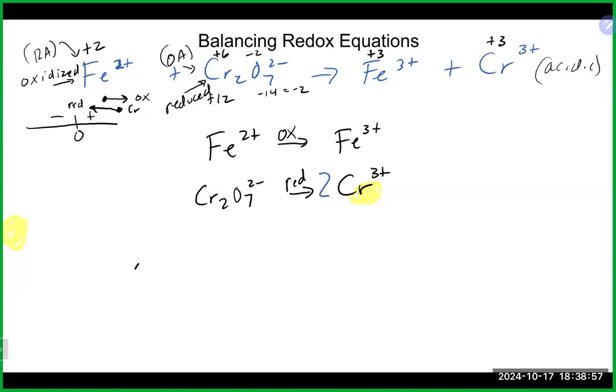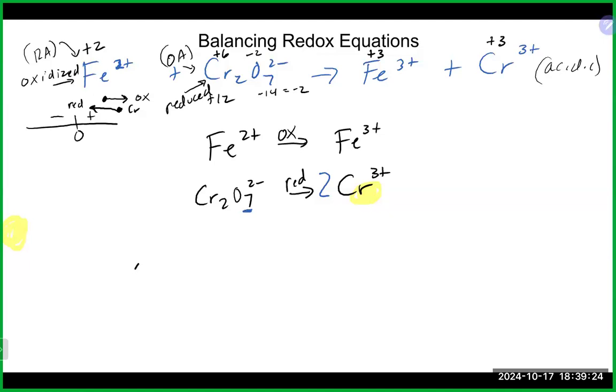Now that I've balanced all the elements besides oxygen and hydrogen, oxygen is where you want to go next. Looking at the top half reaction, there's no oxygen on either side, so we don't need to do anything with it. When we look at the second half reaction, there are 7 oxygens on the left. And how many oxygens on the right? 0.